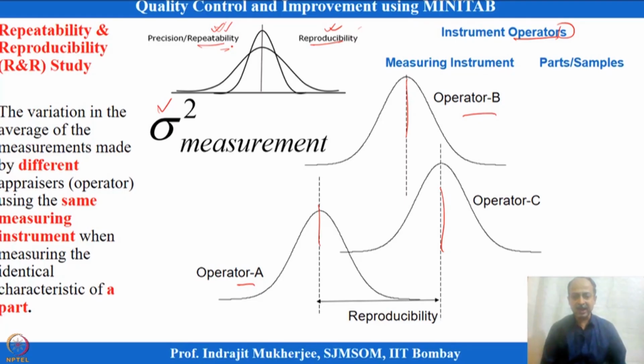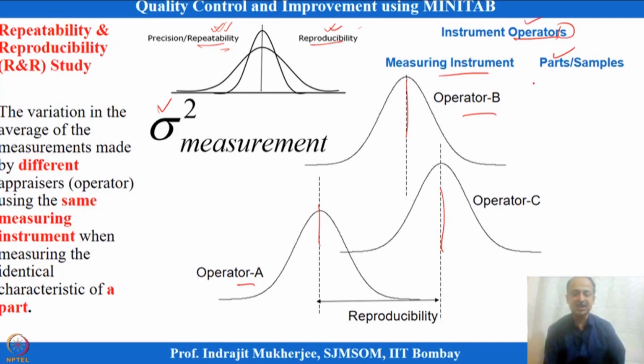So, a specific kind of study is recommended, known as the gauge R&R study, which is the repeatability and reproducibility measure. In this study I have a measuring instrument, the same instrument, and there will be different parts, like in the linearity study, where we selected parts throughout the operating range. Then there will be different operators.